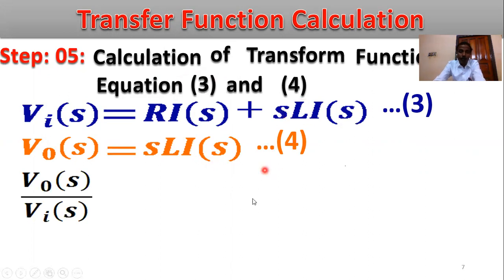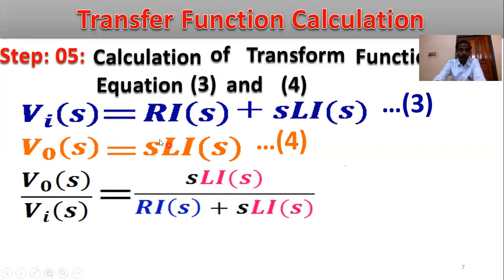So output by input. What is the output by input? V_o(s) by V_i(s). V_o(s) equals the output voltage and V_i(s) equals the input voltage. So this is equivalent to s L I(s) divided by R I(s) plus s L I(s).